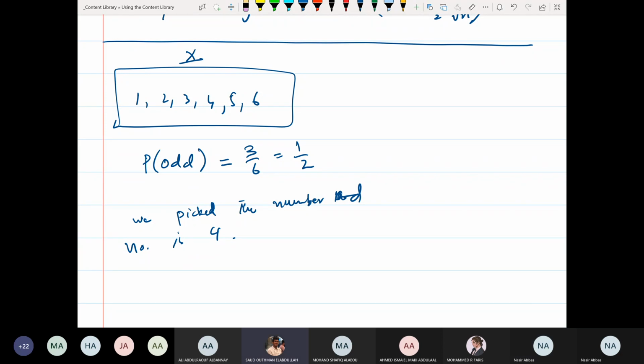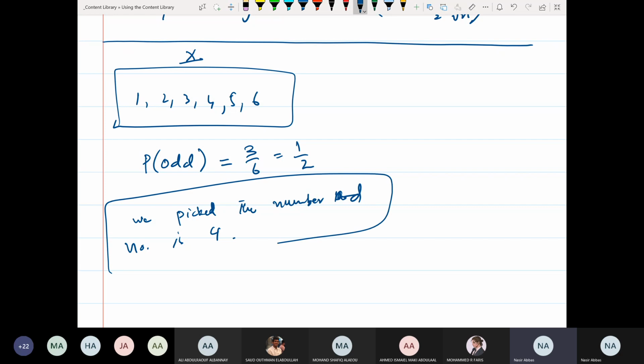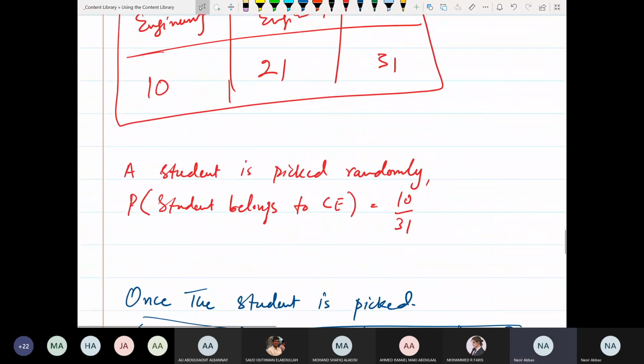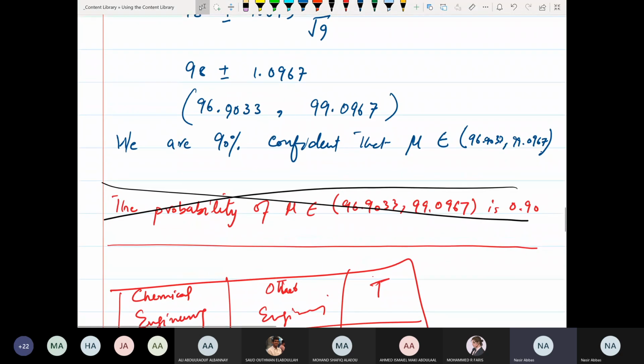Then what can I say about 4? Like I'm 100% confident it's not odd, or what? Here regarding 4, you will not say anything in terms of probability and confidence, because here you are matching this 4 with something unknown.